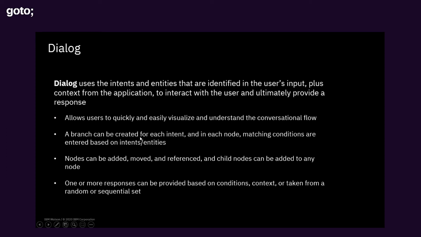You can create branches for each intent, and in each node the matching conditions are entered based on these intents and entities. And you can create one or more responses that can be provided based on these conditions.